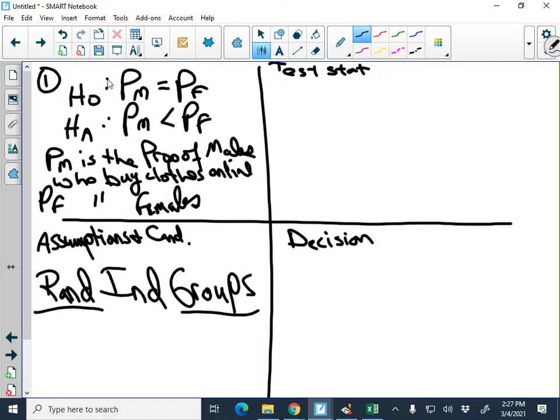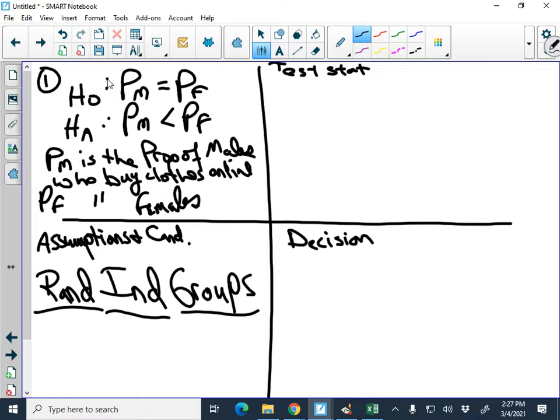They took the males, they randomly sampled the males. They took the females, they randomly sampled. We're assuming also the males don't affect each other, the females don't affect each other, the males don't affect the females, the females don't affect the males. That's the independence. So if I wrote this out more formally, I would say we randomly sampled both groups, and there is independence within and between the two groups. But that gets you 2 of the points.